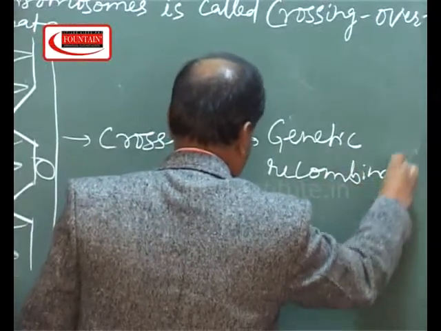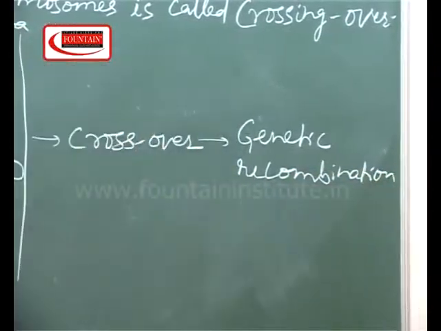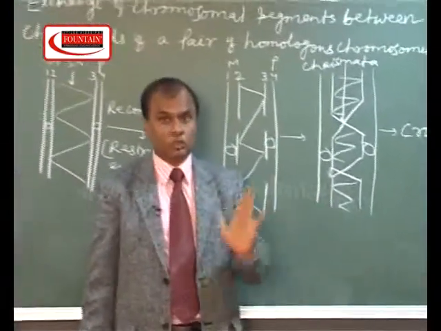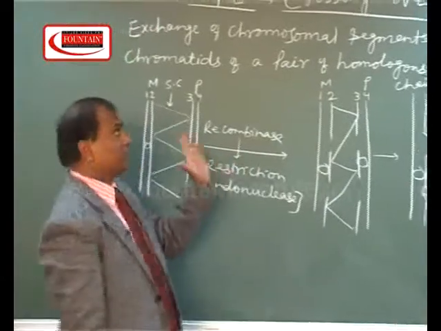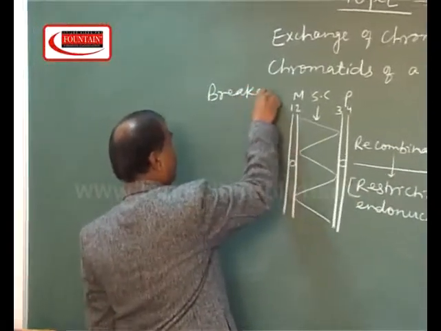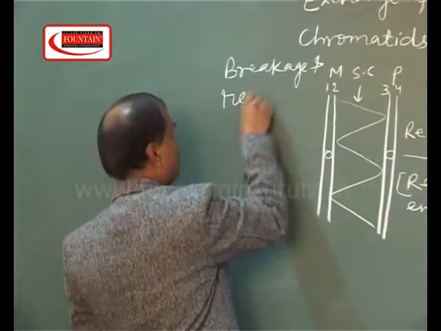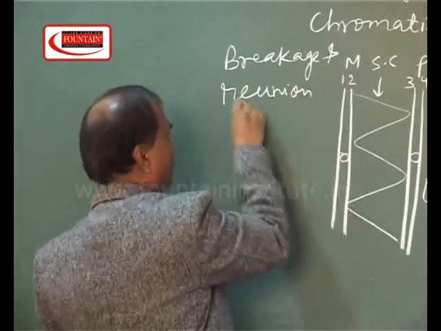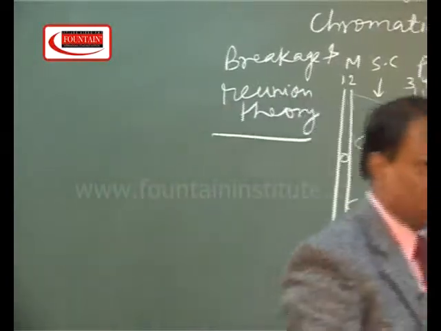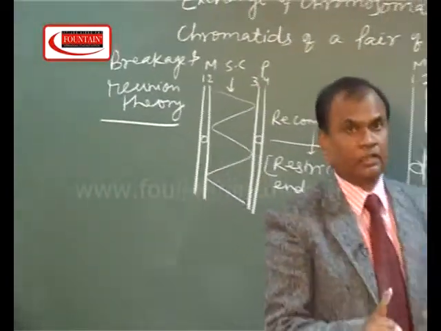So, in genetics, whenever we talk about the recombinant class, it is always the result of crossing over. This mechanism is called the breakage and reunion theory, proposed by Darlington.